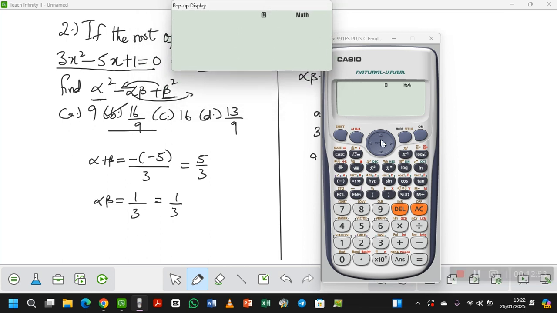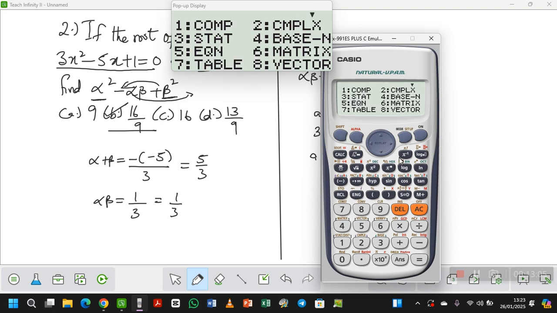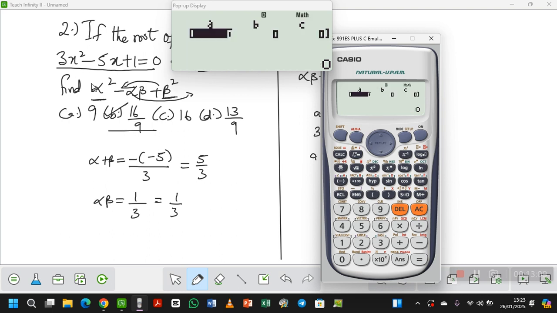So let me see if I can use the calculator for it. You know how to find quadratic roots, right? They've taught you. That will be shift mode, then mode equation, then you go to 3. So let's write the equation there: 3, minus 5, 1. I'm just checking if I can use calculator method for it.